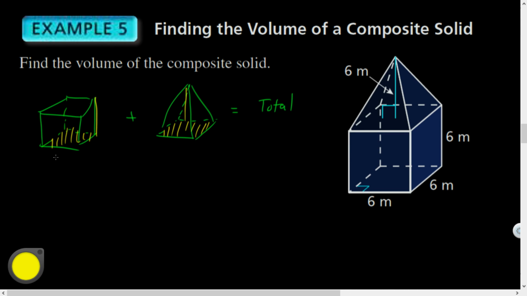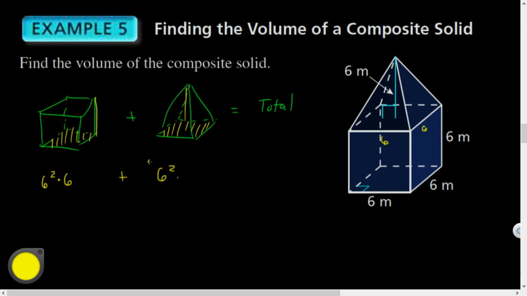So the volume of this is going to be 6 squared multiplied by the height, which is 6, plus the volume of this. The area of that base also happens to be, if this dimension is 6, this will also be 6. And it looks like the height of that is 6.